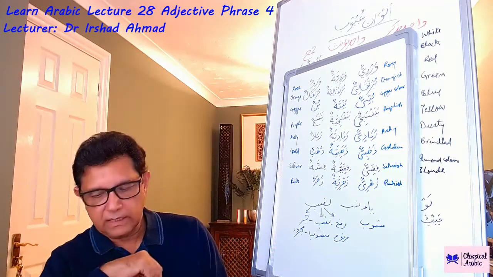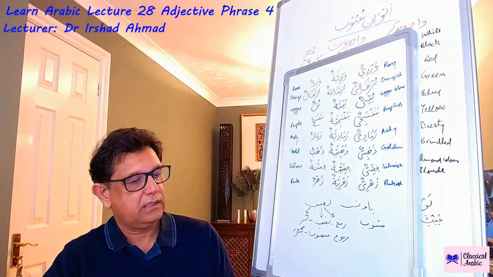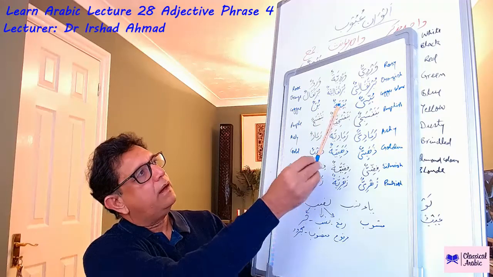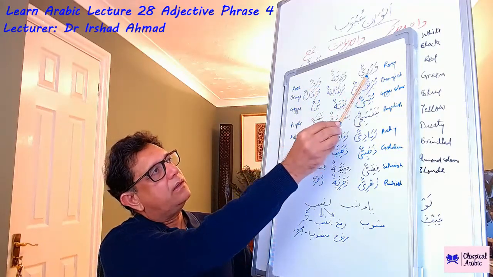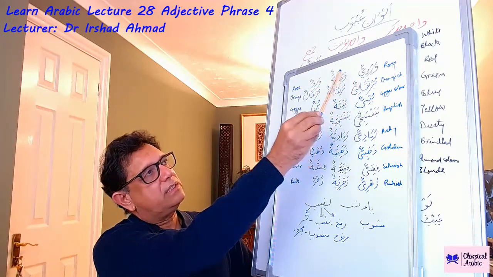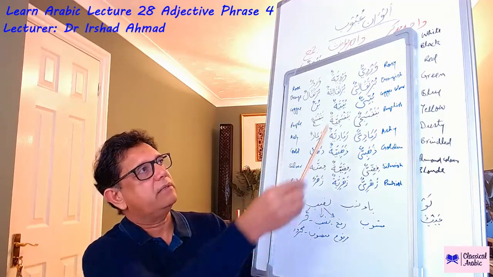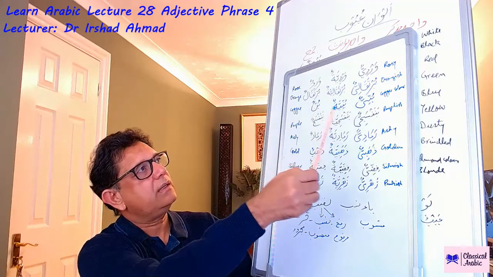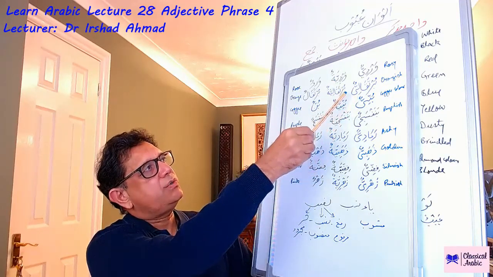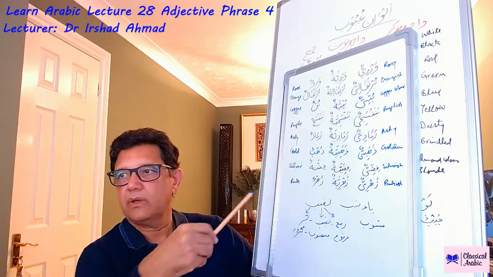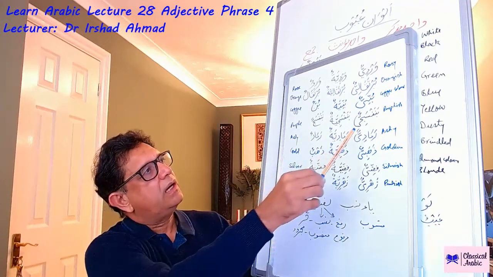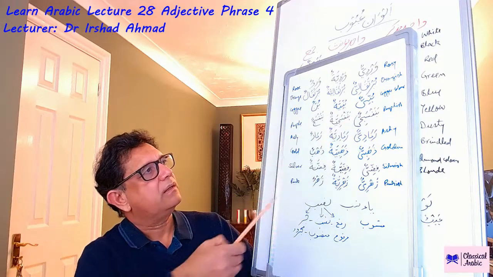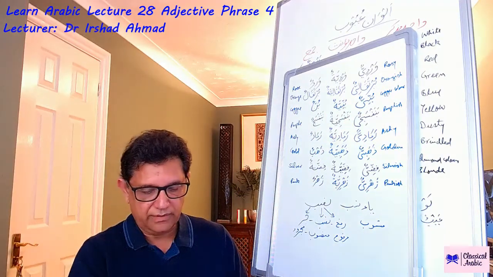So if we look at this chart again, we'll see that wardi or wardiyun, if we fully vocalize it, that will be something to do with rose color. Burtakaliyun is something to do with orange color. Bunniyun is something to do with brown color or coffee color.